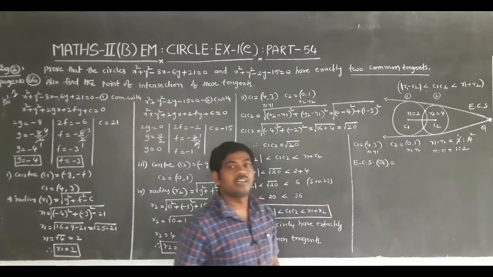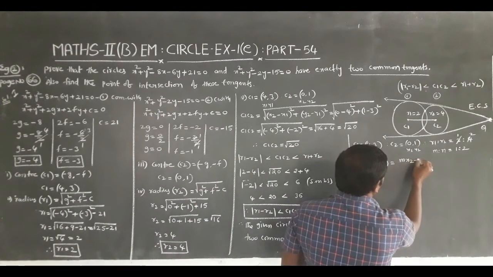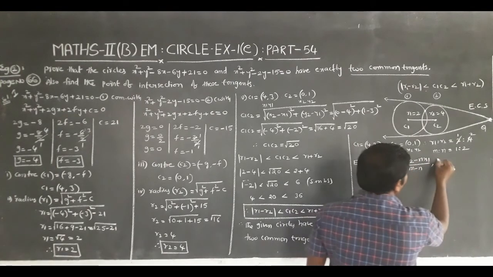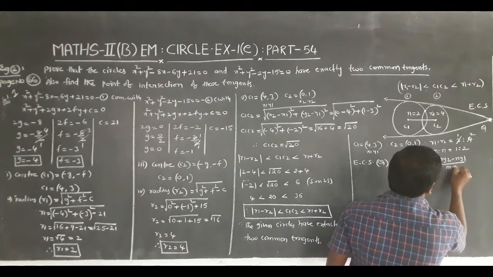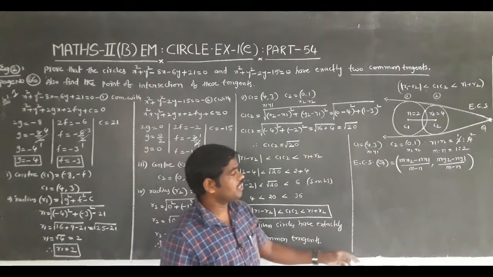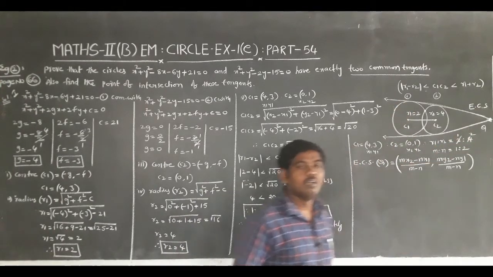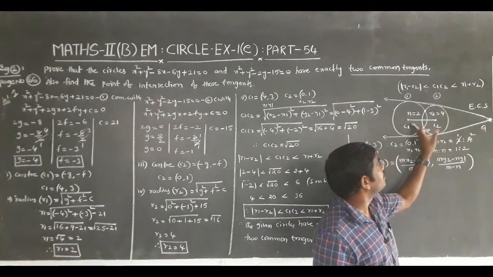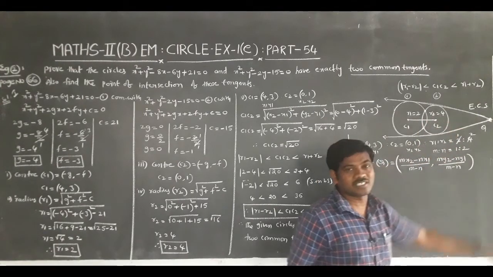External center of similitude is equal to ((mx2 minus nx1) by (m minus n), (my2 minus ny1) by (m minus n)). The point of intersection of the direct common tangents is called the external center of similitude. Q divides the line segment C1C2 in the ratio R1 is to R2 externally.